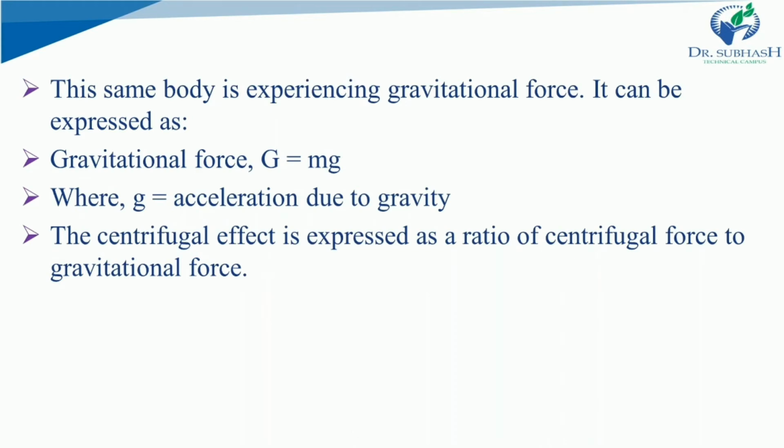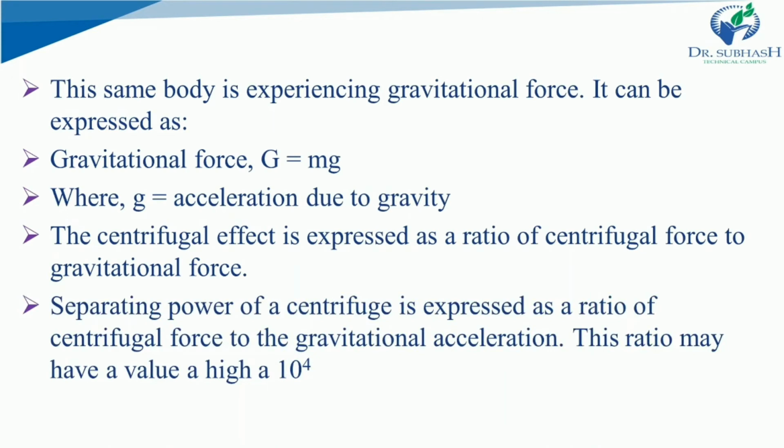So here the centrifugal effect E is equal to centrifugal force divided by gravitational force. The separating power of a centrifuge is expressed as the ratio of centrifugal force to gravitational acceleration. This ratio can be as high as 10 raised to the power 4. To clear the scenario, we are going further in this topic.